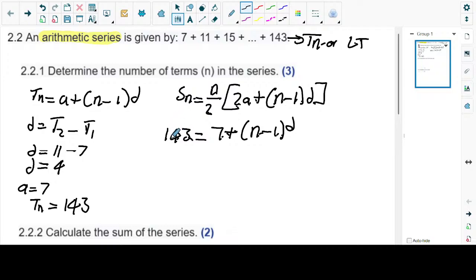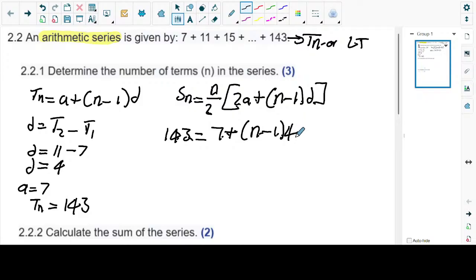Yeah, but what is the next step here? We isolate everything that is close to n. No, first we have to remove the bracket. You see there's a bracket there. So how do you remove that bracket? Multiply d inside the bracket. So we say 4 multiplied by n, and we still have 7.